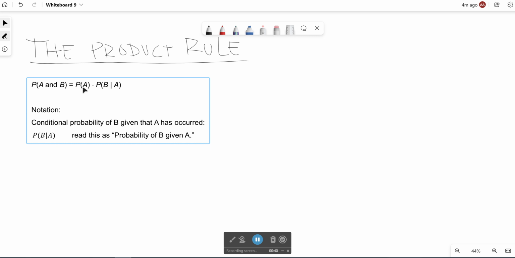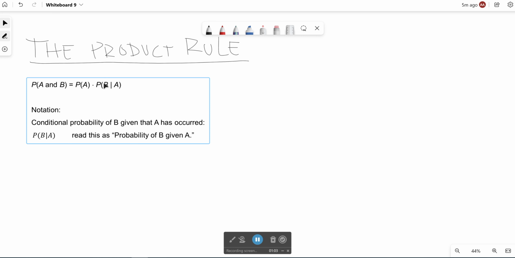It's the probability that event A occurs in the first trial times the probability that the event B occurs in the second trial, given that the event A has occurred in the first trial. This is very important to understand here.